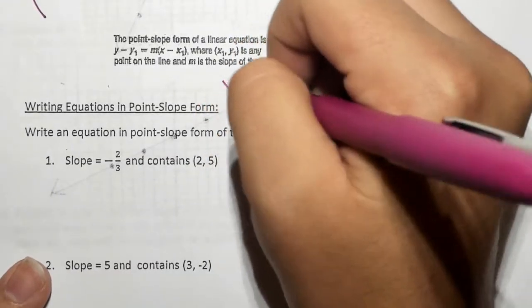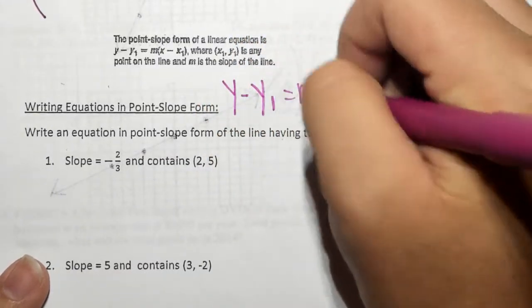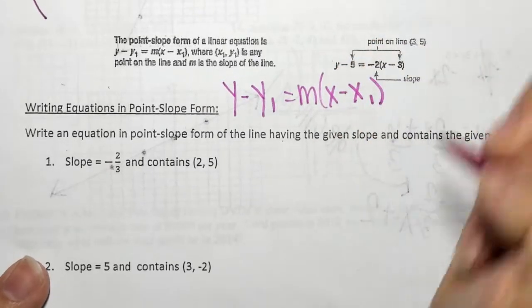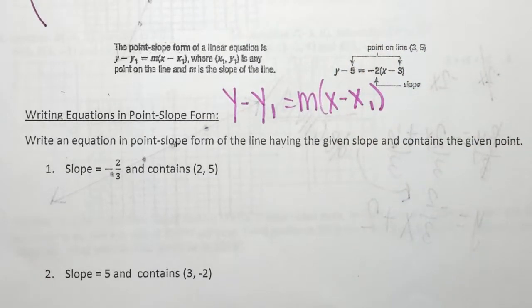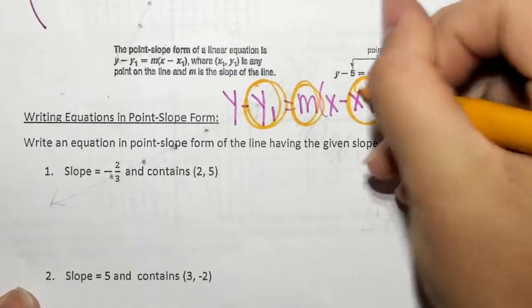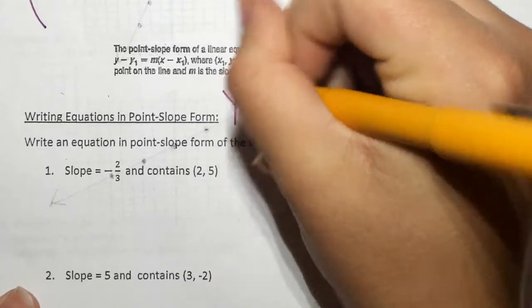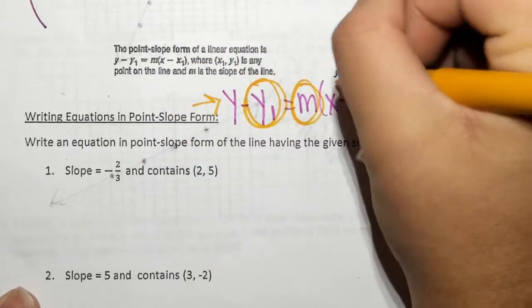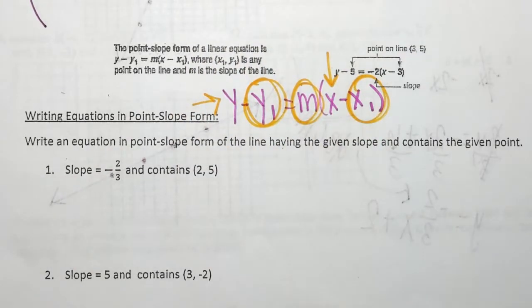So, you have y minus y1 equals your slope times x minus x1. Now, you only will plug in to y1, m, and x1. Your y will always stay as y. Your x will always stay as x.